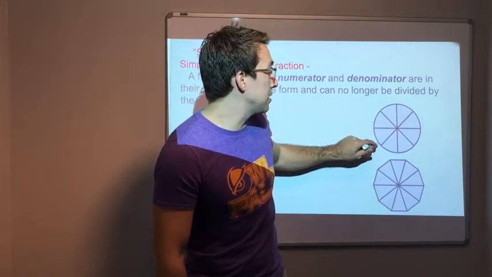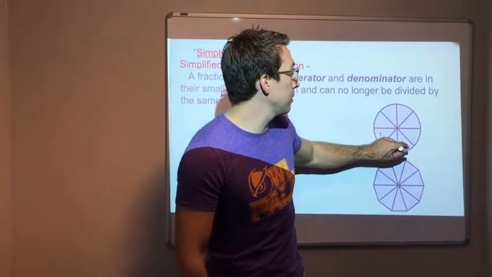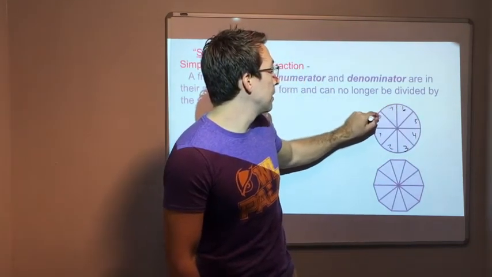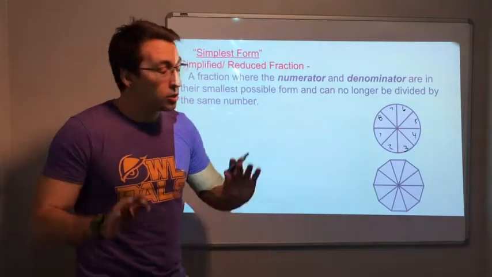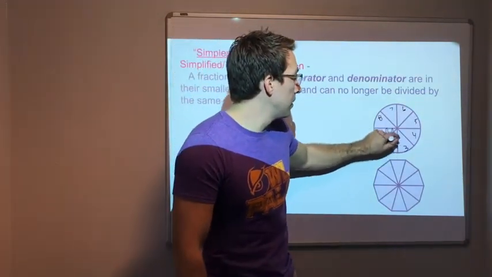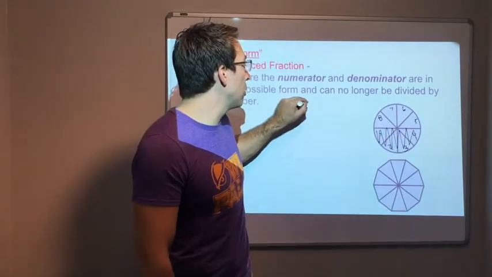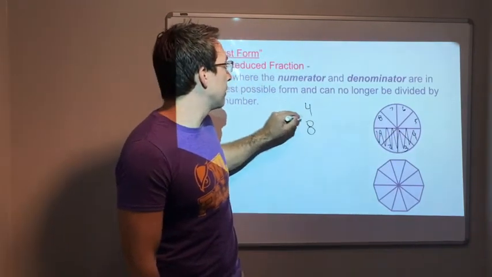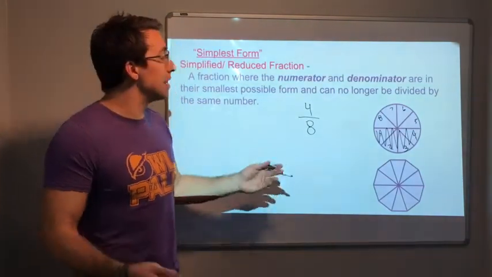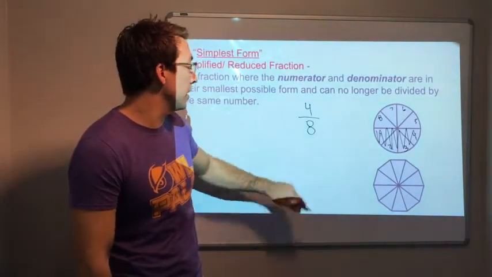This is 8 pieces, right? 1, 2, 3, 4, 5, 6, 7, 8. So let's say that we have 1, 2, 3, 4. We have 4 out of 8. Can we divide both of those by the same number? Yes, let's divide them both by 2, okay?